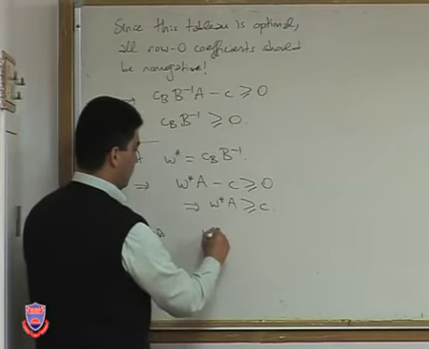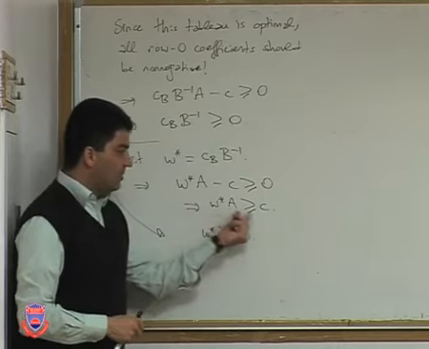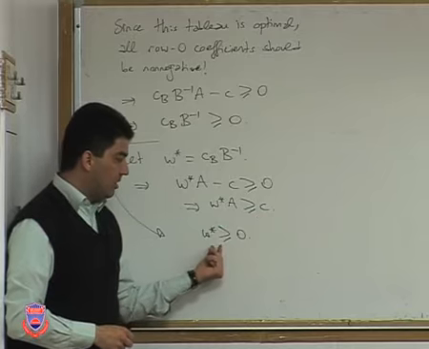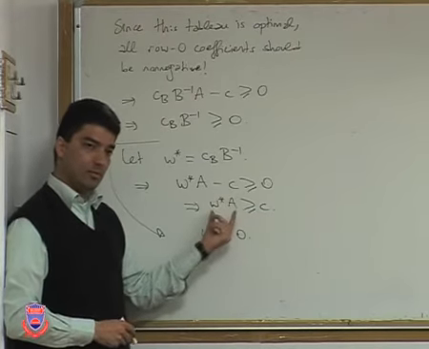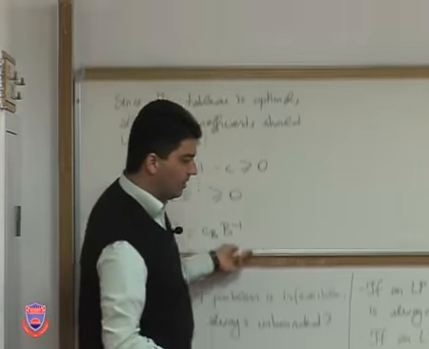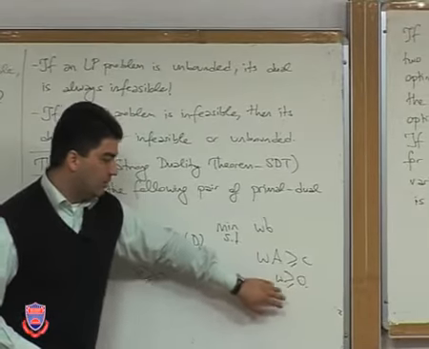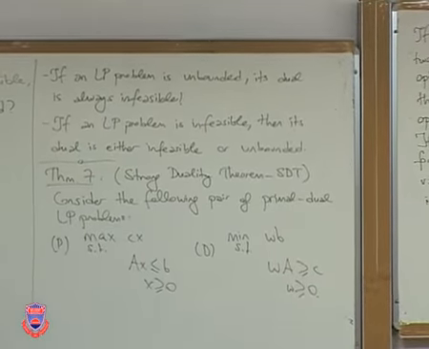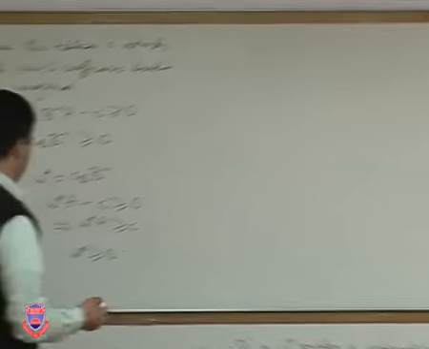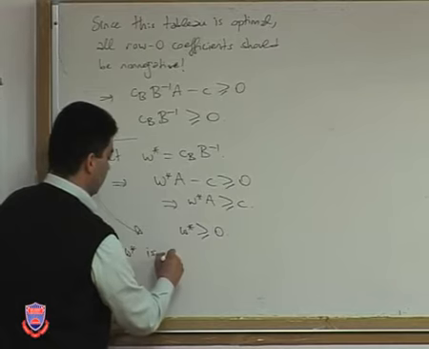So this implies that W star is also non-negative. W star times A is greater than or equal to C, and W star is non-negative, so all the constraints are satisfied. Okay? So this implies that W star is a feasible solution of the dual problem.